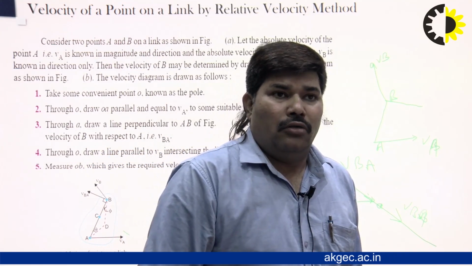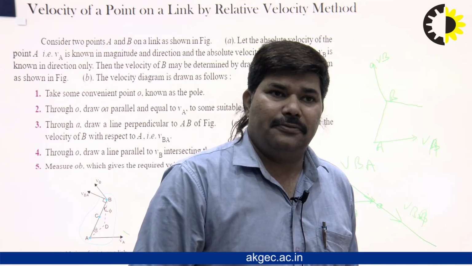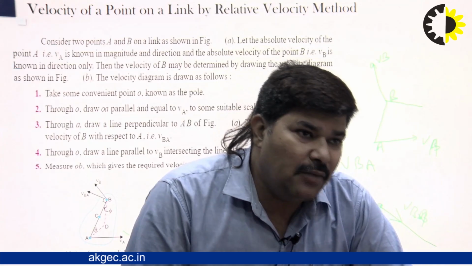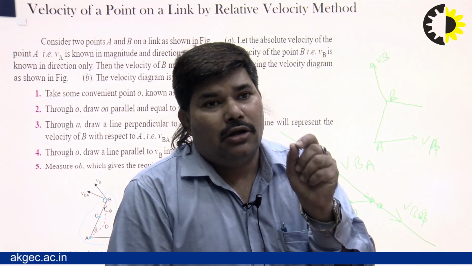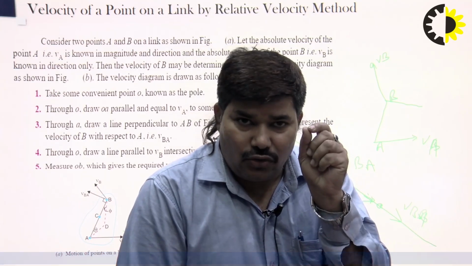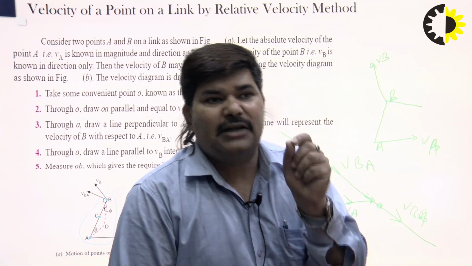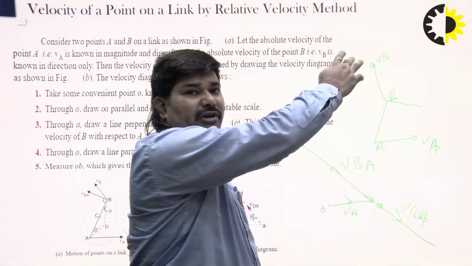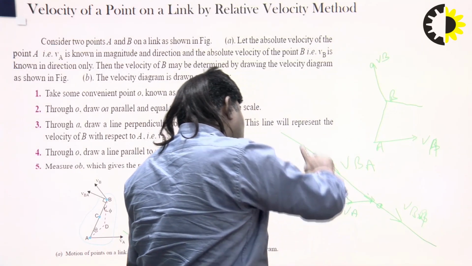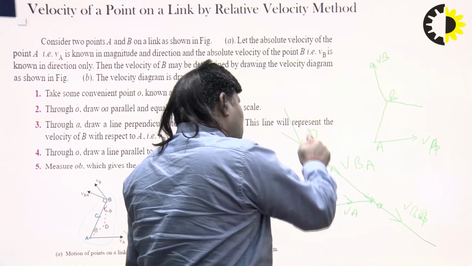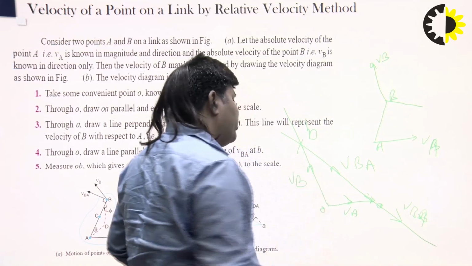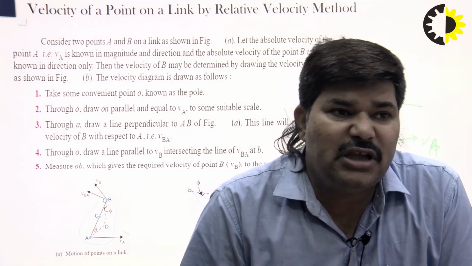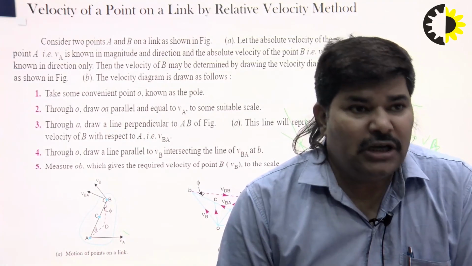So we draw from point A the velocity of B with respect to A perpendicular to link AB, and then from point O, draw the line parallel to the velocity of B, which intersects at some point, that point is known as B. The direction is given, so you can draw parallel to that direction, and this point is the velocity of B. So you can measure this value and find out the velocity of the point B. So these are the basic things in this relative velocity method.